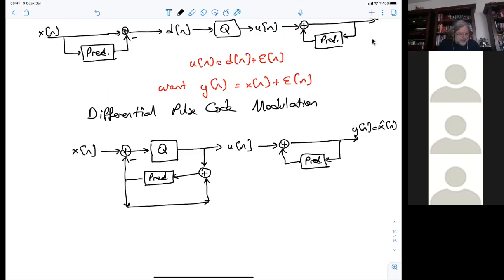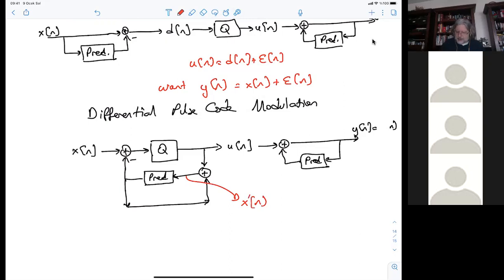And that x hat of n, by the way, would be the same as this x hat of n. I don't think x hat would be a nice name. I'm going to remove this hat business. I'm going to say x prime of n.